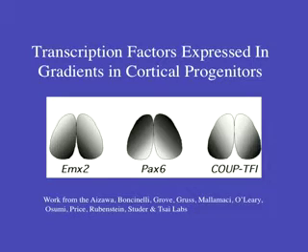COUP-TFI, like EMX2, is high caudally and low rostrally, but opposite to EMX2, it's low dorsally and high ventrally. PAX6 is an additional variation on this theme. We think these gradients of expression are the fundamental ground plan for spatial information in the progenitor cells of the cortex that then generate the simple aspects of regional pattern and arealization of the cortex.